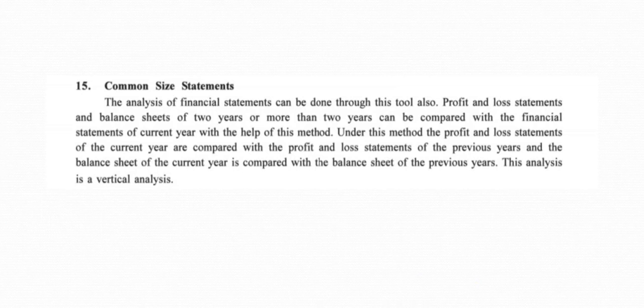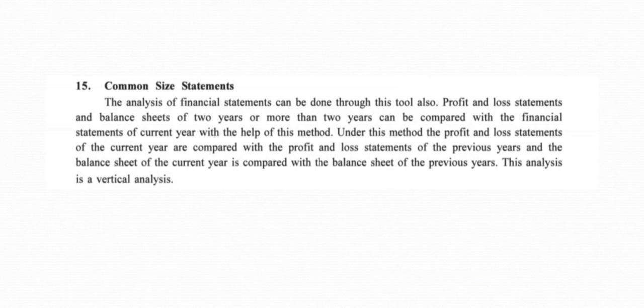So friends, if you can see, this is the same as the comparative statement. That means the profit and loss statement figures of the previous year are compared with the current year.